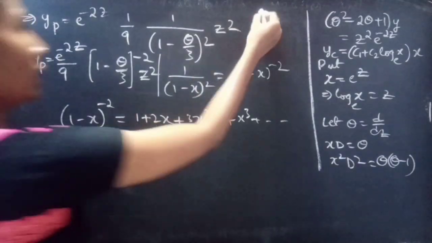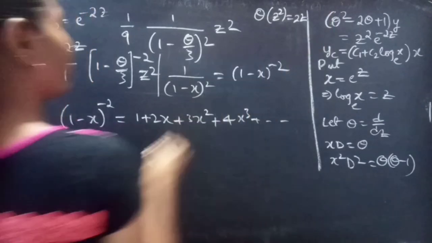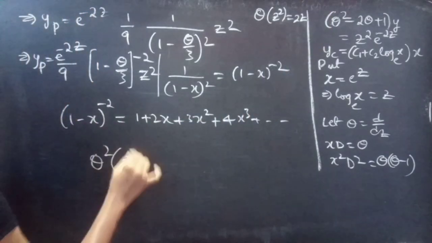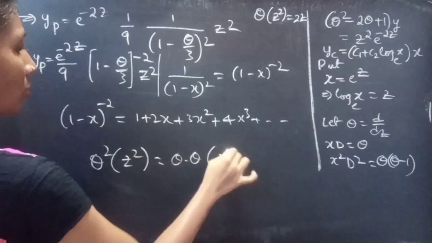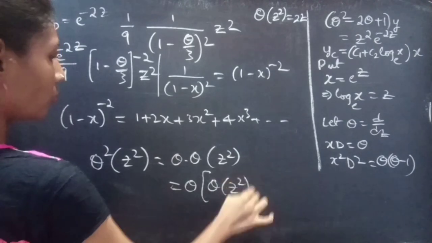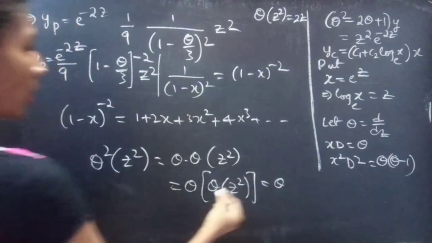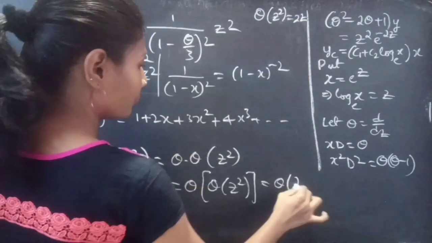Okay? Theta of z square is 2z. Theta square of z square, we can write theta square as theta into theta of z square, right? Again, we can write like this. We have the value of theta of z square, which is 2z.